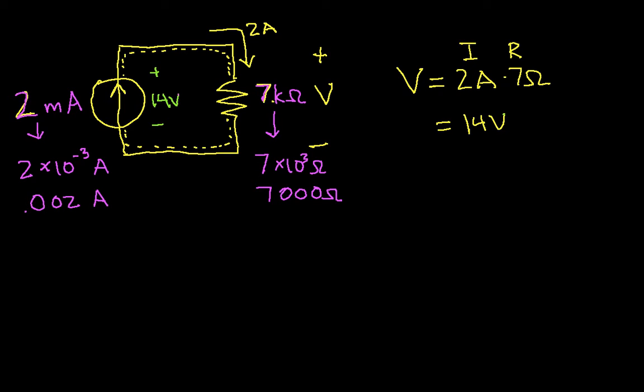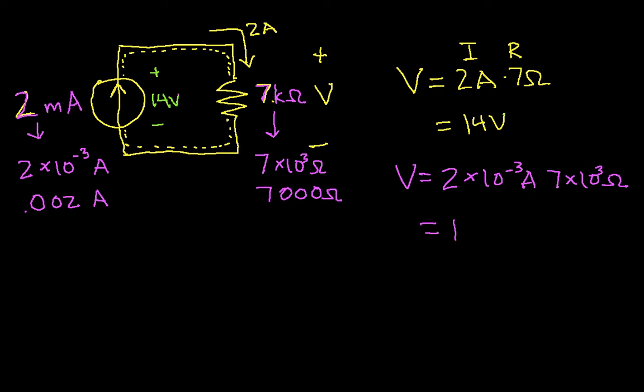Okay, well, the voltage across this resistor is going to be I times R. I is 2 times 10 to the minus 3 amps. R is 7 times 10 to the third ohms. And if I work this out, the 10 to the minus 3 times the 10 to the third turns out to be 1.